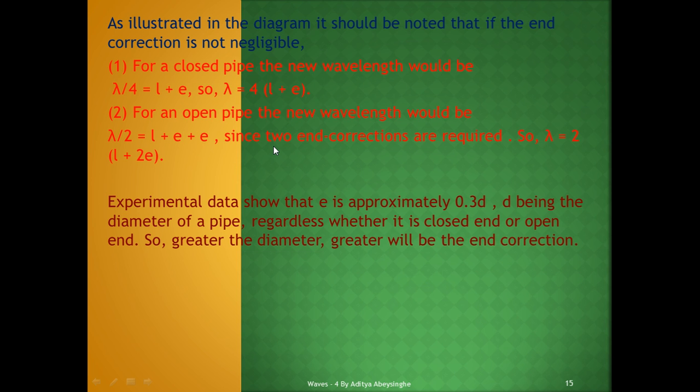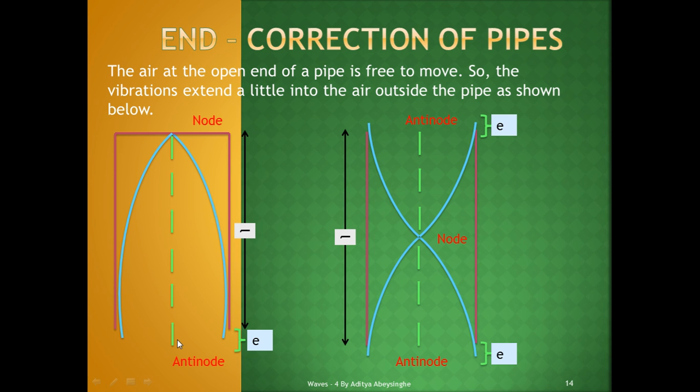One important thing is that experiments show that E is approximately 0.3d, where d is the diameter. Now you know that the pipe is not actually a rectangular part. A pipe is actually a cylindrical part, right? You can do the experiment in a lab and find this practically.